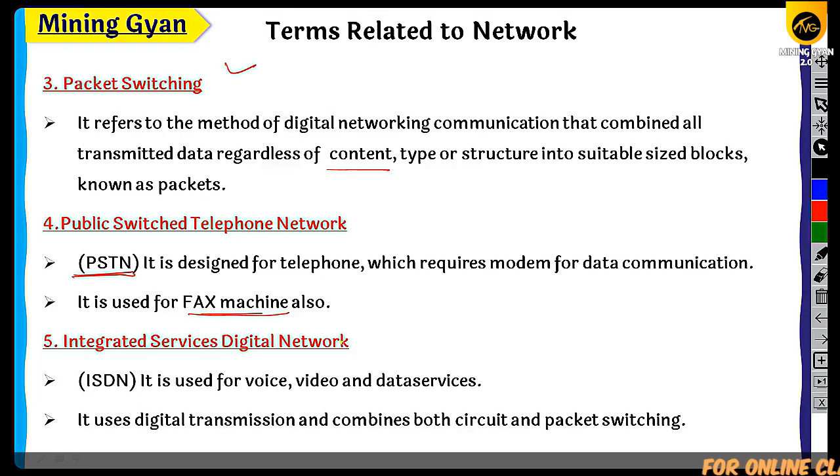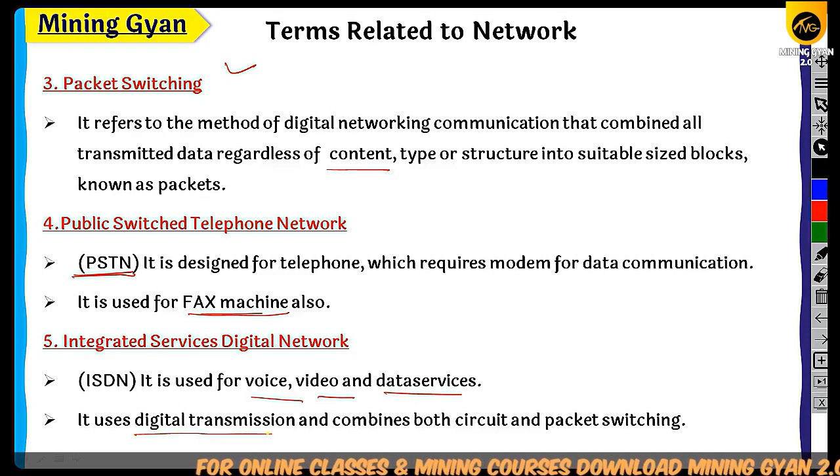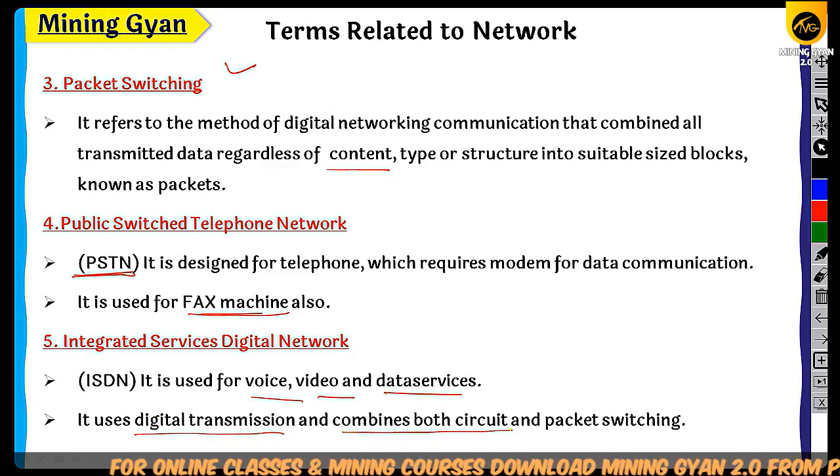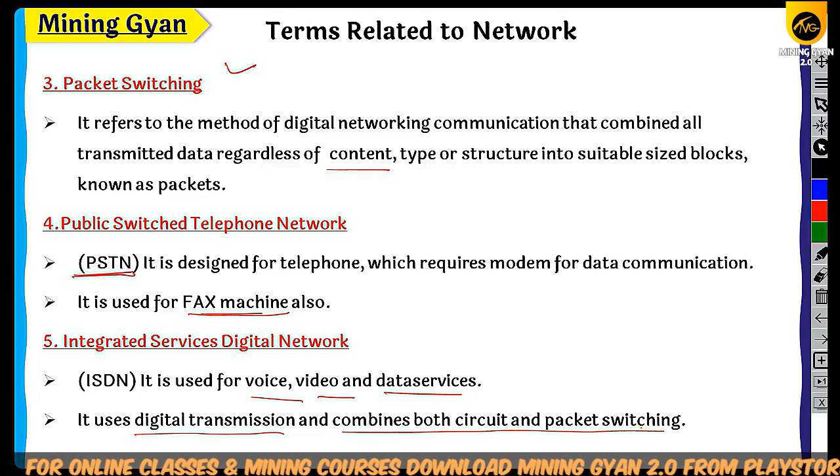This is the fifth. We have two more, Ethernet and token. ISDN is used for voice, video and data services. It uses digital transmission and combines both circuit and packet switching.